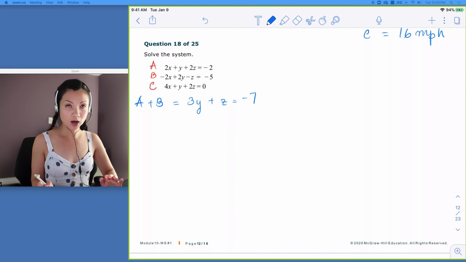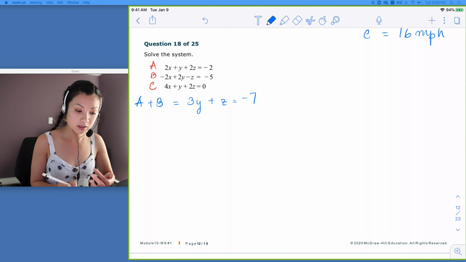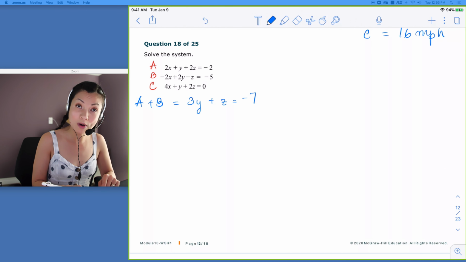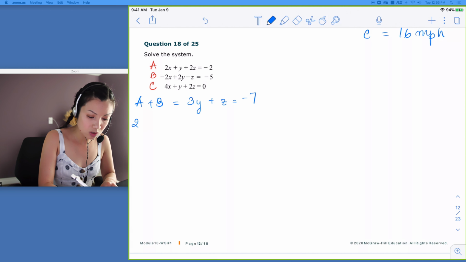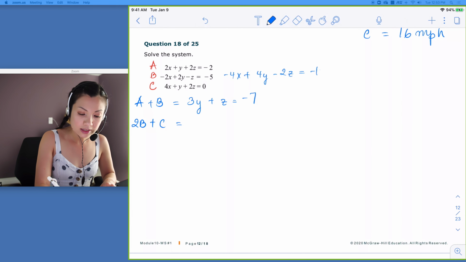But before I add, I have to make them into opposites. So I have to multiply B by 2. If I multiply B by 2, I'm going to get negative 4x plus 4y minus 2z equals negative 10.